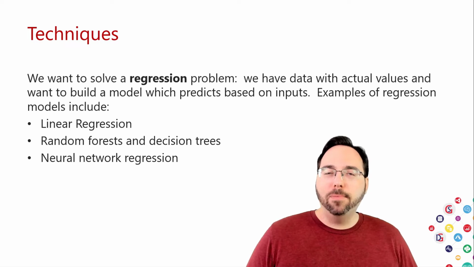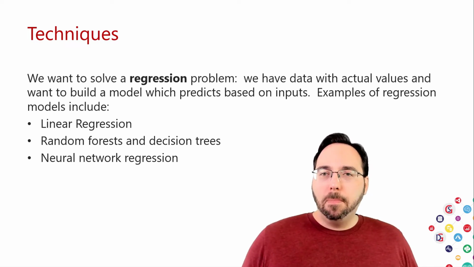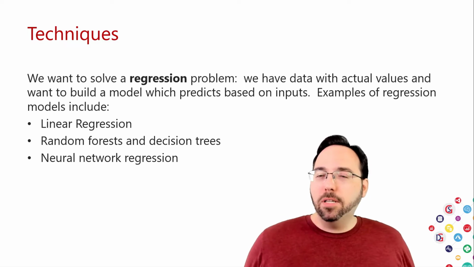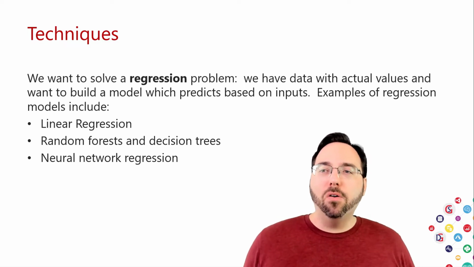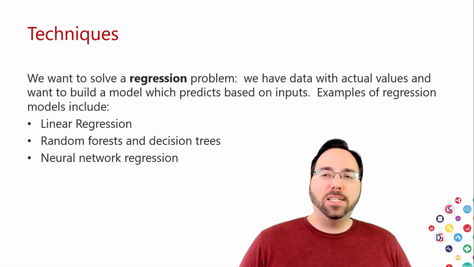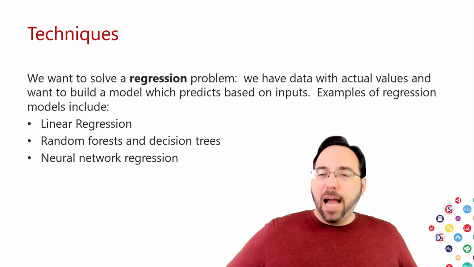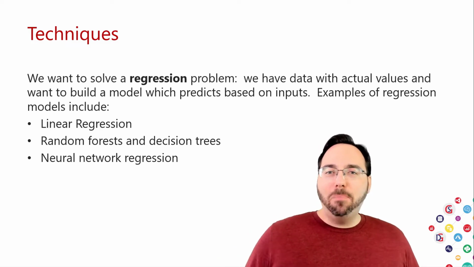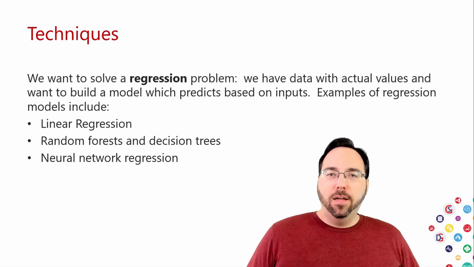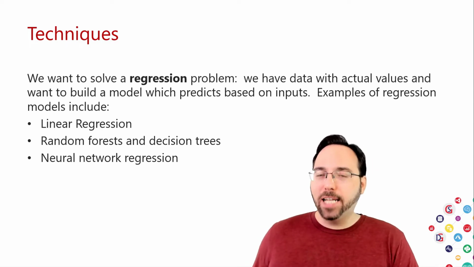A regression problem says I have a label, I have inputs, and I want to predict the label given those inputs. Or let me rephrase that a little bit. I have a set of actual values. For example, how many seconds did it take to back up this database? That is, in data science terms, a label. I want to predict that.